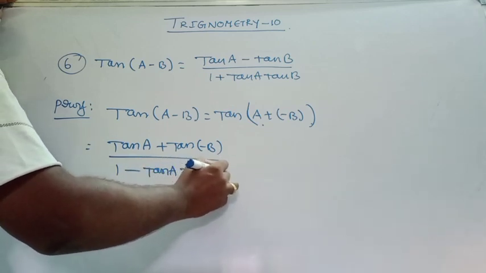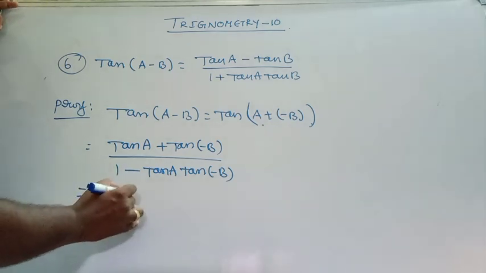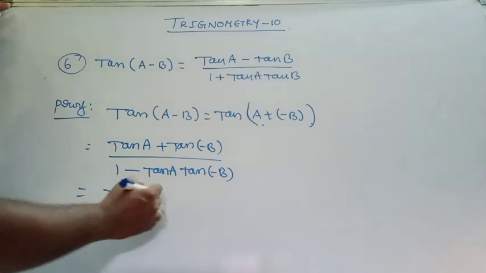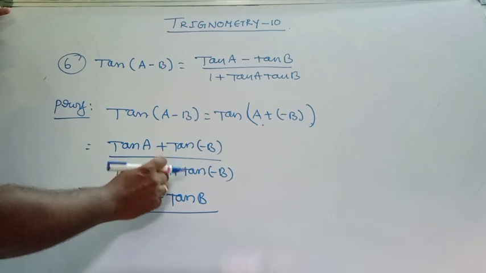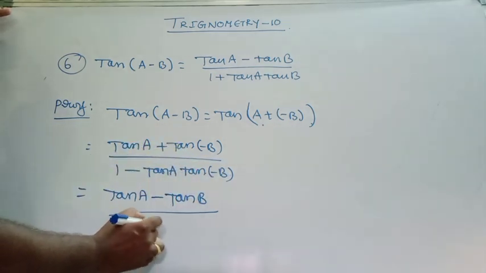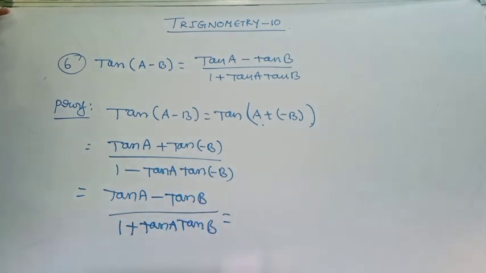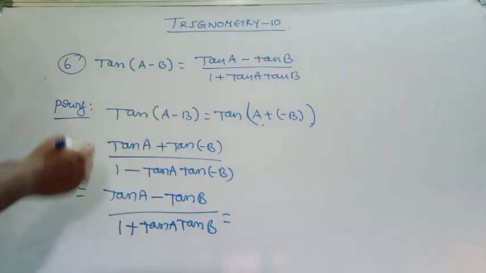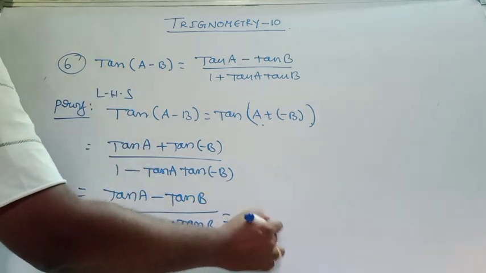Now tan of minus theta becomes minus tan theta. That's why this is now (tan A minus tan B) divided by, and here tan A into tan of minus B, minus into minus is plus, this becomes 1 plus tan A into tan B. This is nothing but, now you have got tan(A minus B) equal to this. You have taken the left hand side and you got the right hand side.